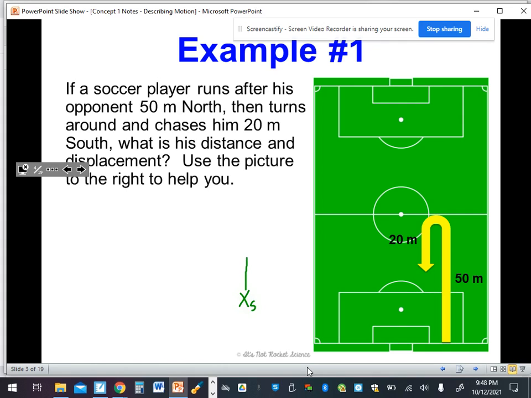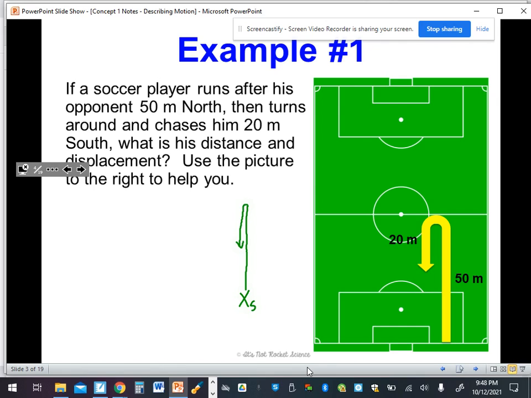So I went 50 meters north, and then I turned around and came 20 meters south. Now, technically, let's assume that they sort of run on the same line or the same pathway, so they didn't really travel much this way. However, it doesn't technically say that, but I can assume that unless it tells me I actually ran a certain distance left or right.